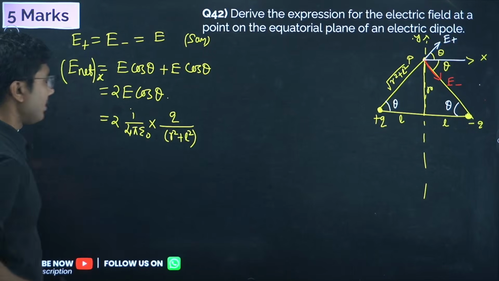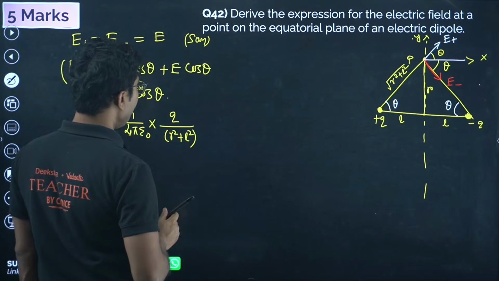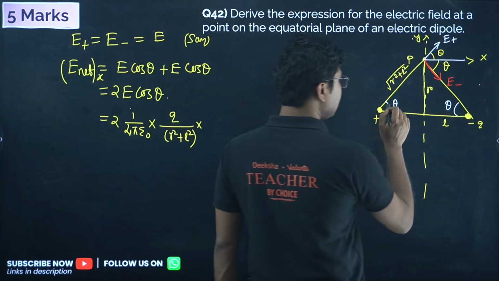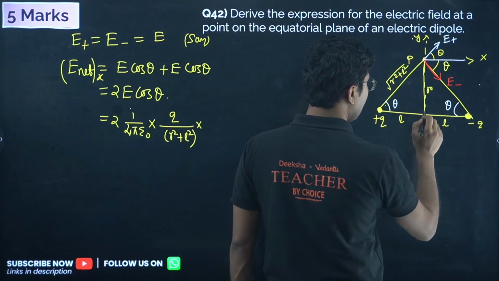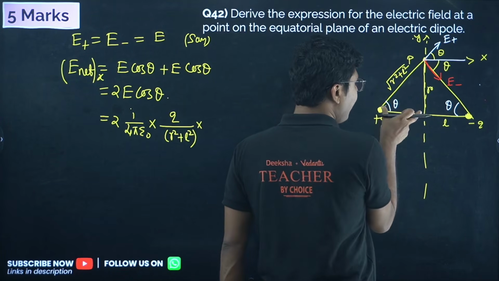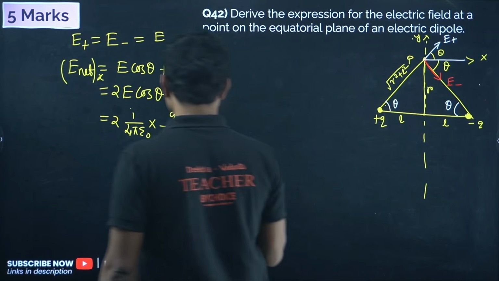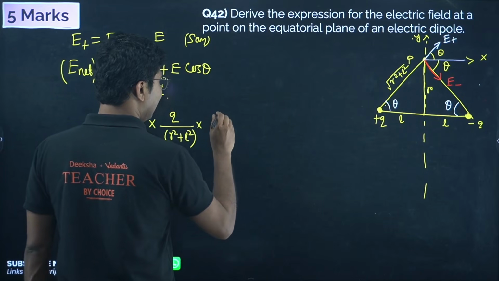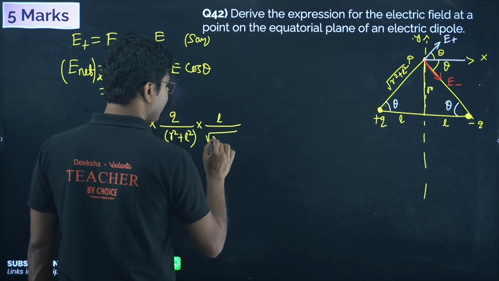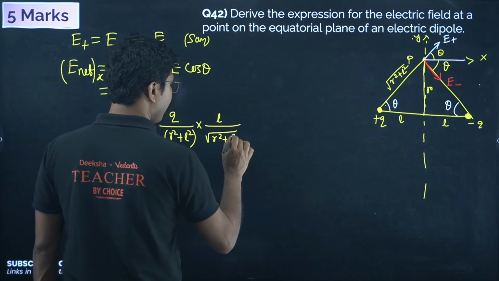Okay, now we have to write the value of cos theta. So cos theta means this angle is theta, this is perpendicular, this is base, this is hypotenuse. Cos theta is base divided by hypotenuse. Base is L, and hypotenuse is square root of R square plus L square.